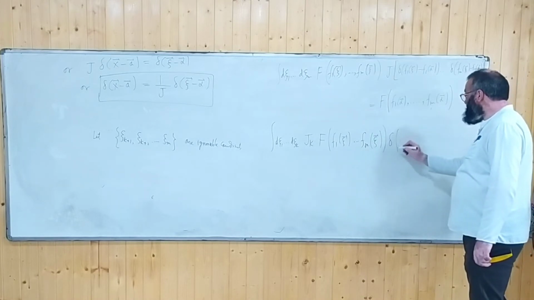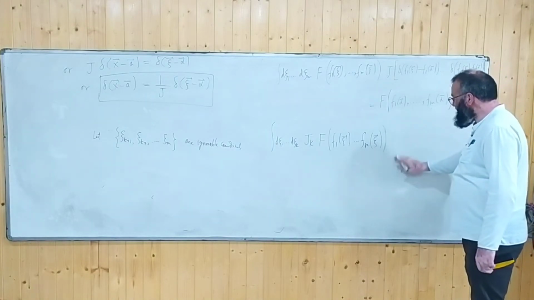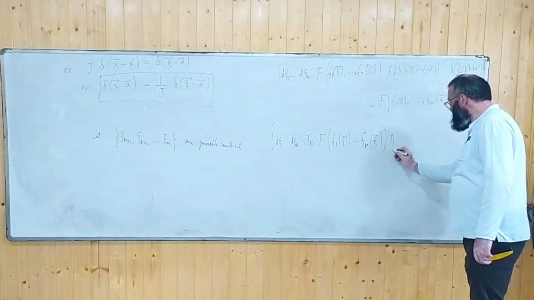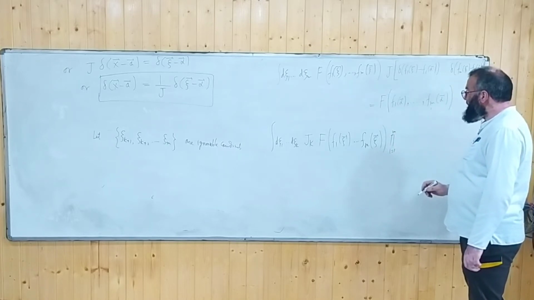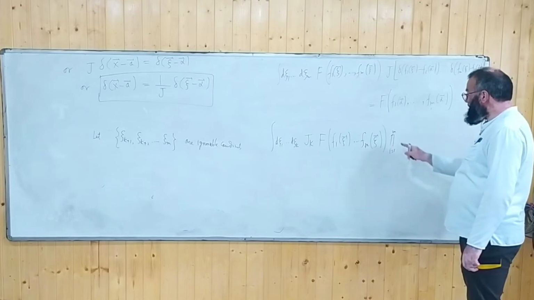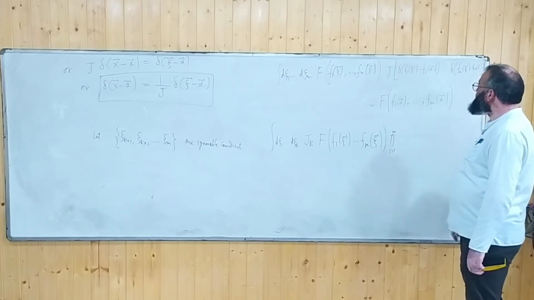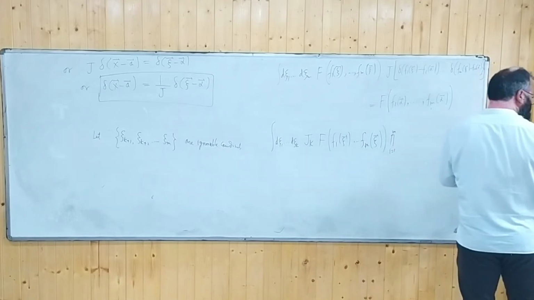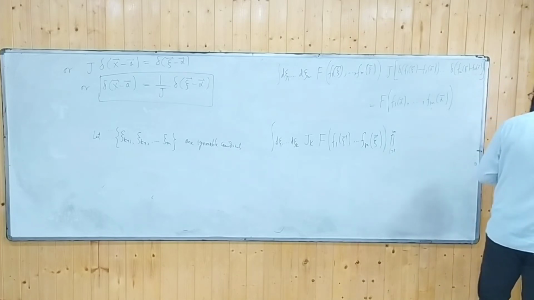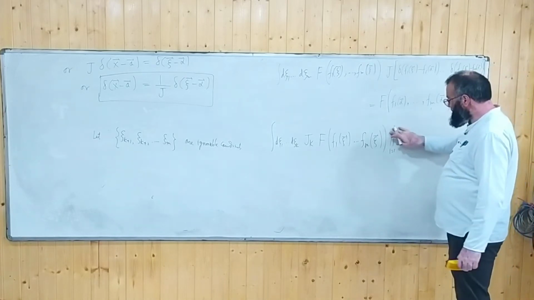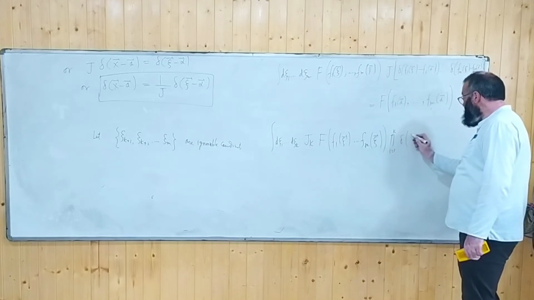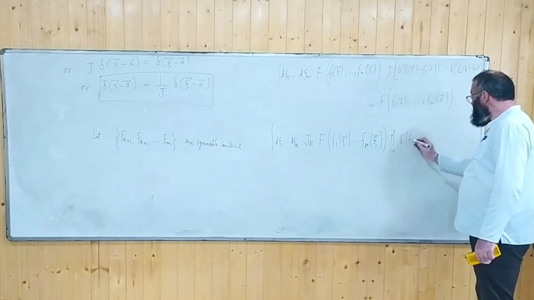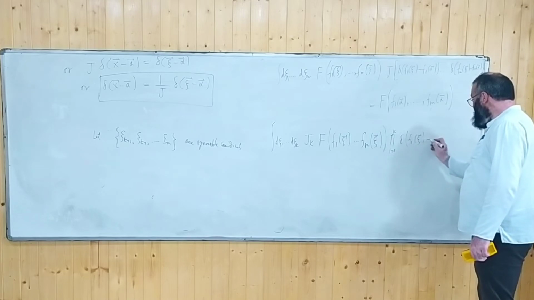So let me write simply now it as summation over i running from 1 to m. So what it should be? Sorry. K. So delta f of zeta minus f.